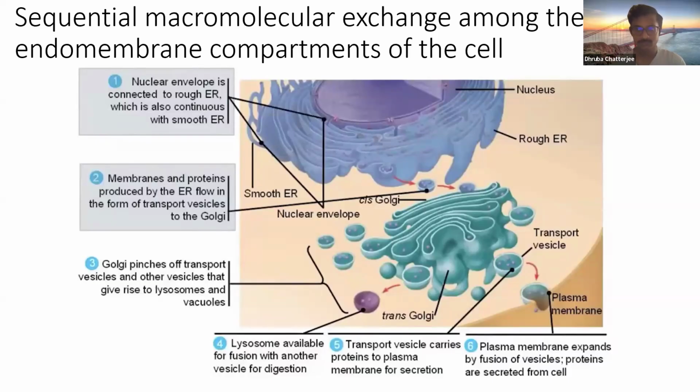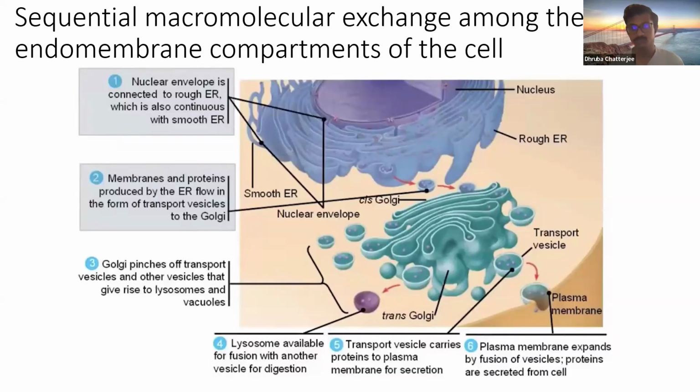All these post-translational modifications and the folding of the protein are ensured within the endoplasmic reticulum, and that continues as the proteins move on from the endoplasmic reticulum to the Golgi, from where eventually it is shipped in a certain direction or towards a certain destination of the cell.